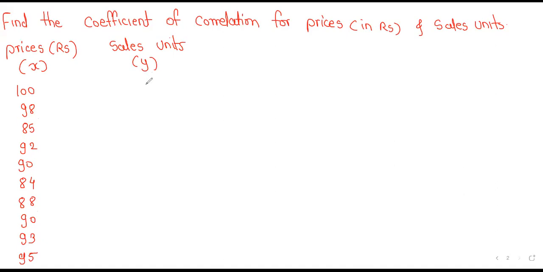And the values of sales units are 600, 610, 700, 630, 670, 800, 800, 750, 700, and the last value is 690. So we have to find the coefficient of correlation between the prices and sales unit.